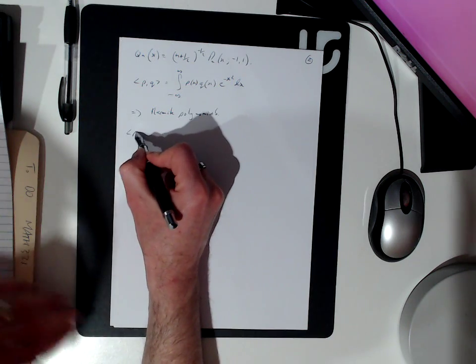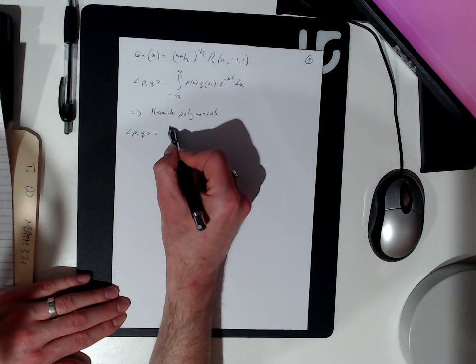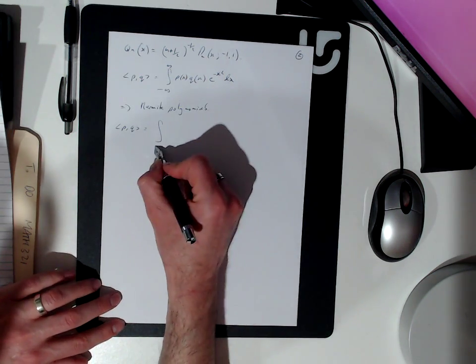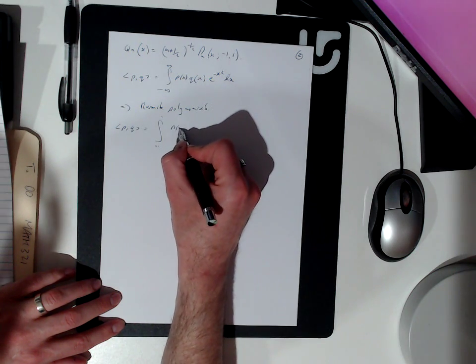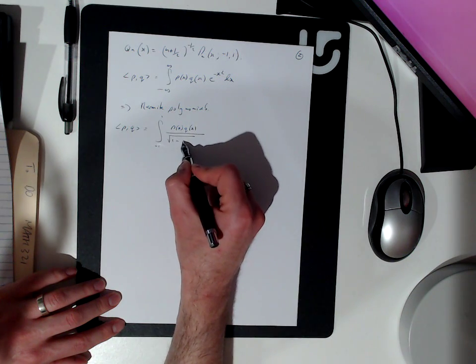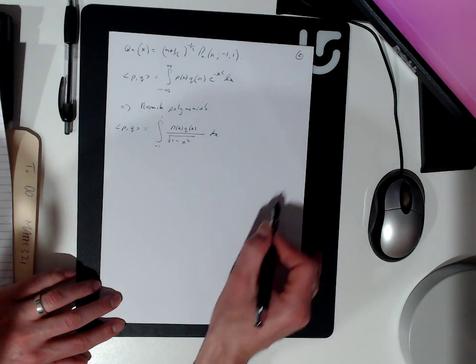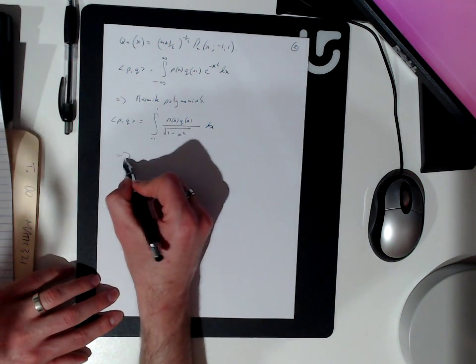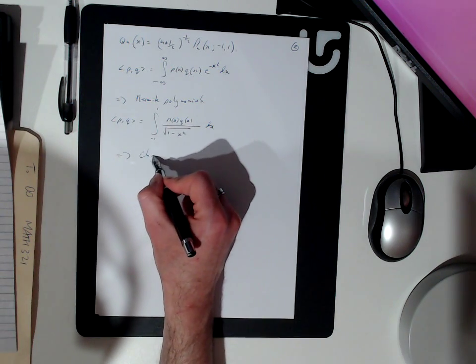And yet again, you can choose a different inner product. And the result are the Chebyshev polynomials.